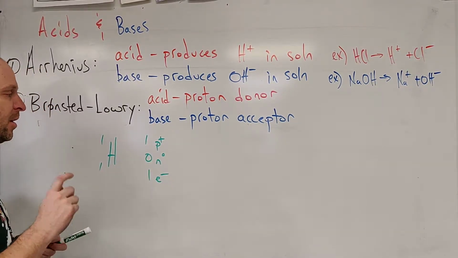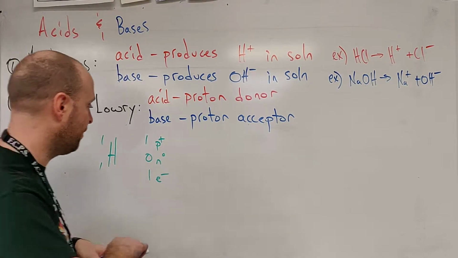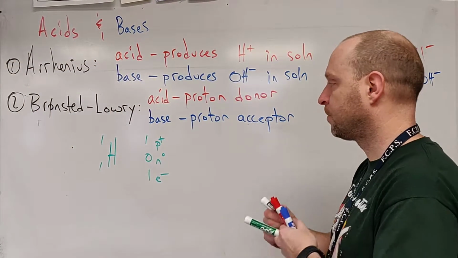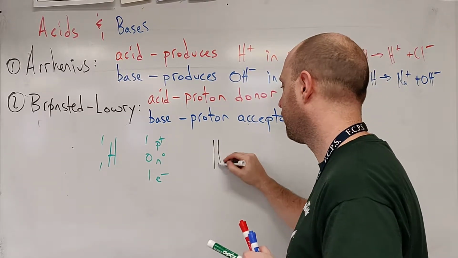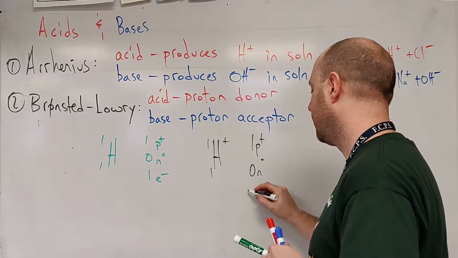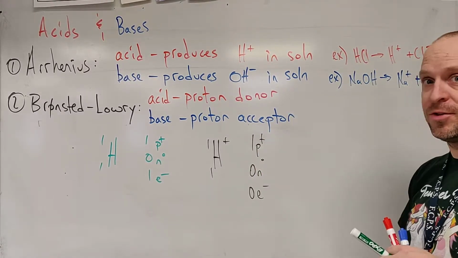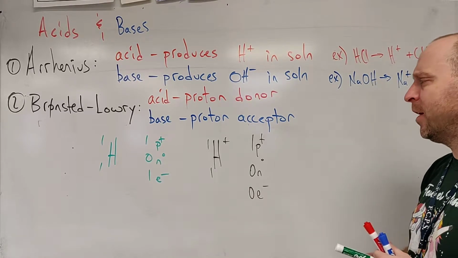If we make this the hydrogen ion, H+, we're going to remove that electron, and we end up with 1 proton, 0 neutrons, and 0 electrons. It is a proton. A hydrogen ion is just a proton. So that's where that comes from.